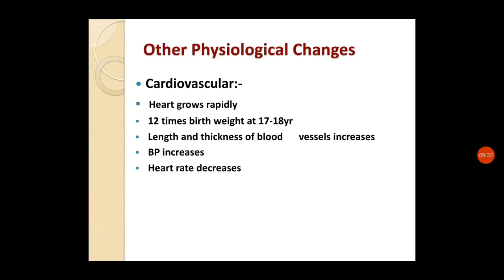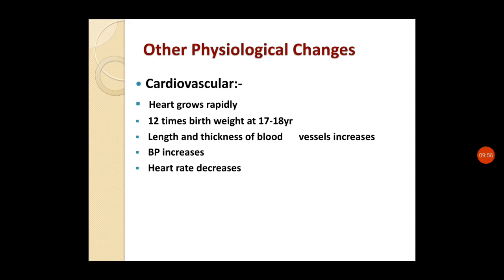physiological changes. So in the cardiovascular system, the heart grows rapidly, to 12 times birth weight at 17 to 18 years. That much heart size will be reached, and the length and thickness of the blood vessels increase, so that more blood volume will be held in the blood vessels, and the pressure also will be increasing.